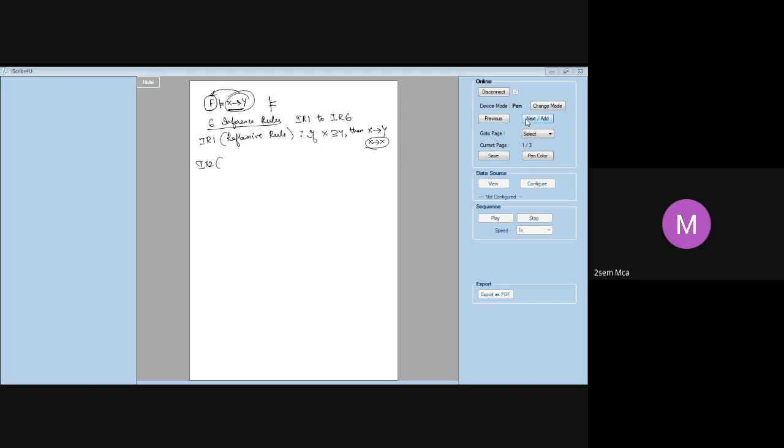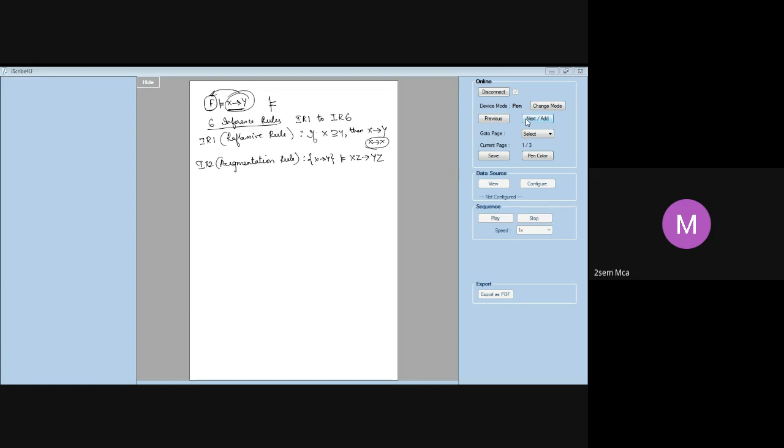The second rule is called the augmentation rule. How do you state that? X implies Y is given to you. What you can infer is XZ implies YZ. That is your augmentation rule. Augmentation rule means adding the same set of attributes to both the left-hand side and right-hand side of the dependency results in another dependency.